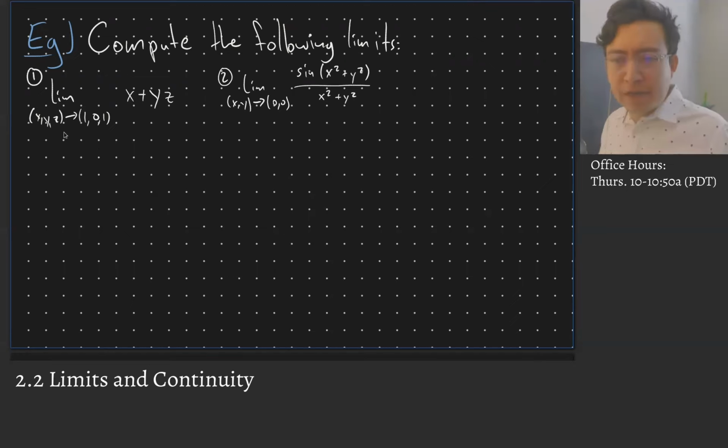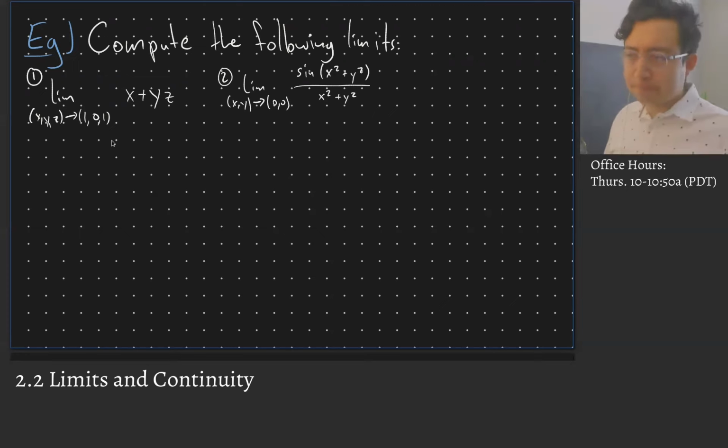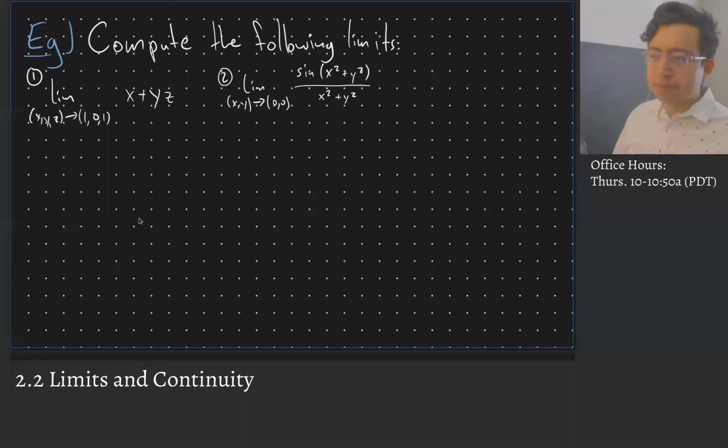Here we have a scalar valued function, x plus yz, and it's in 3 variables, x, y, z. Okay, and the question is, what happens to this as x goes to 1, y goes to 0, and z goes to 1?